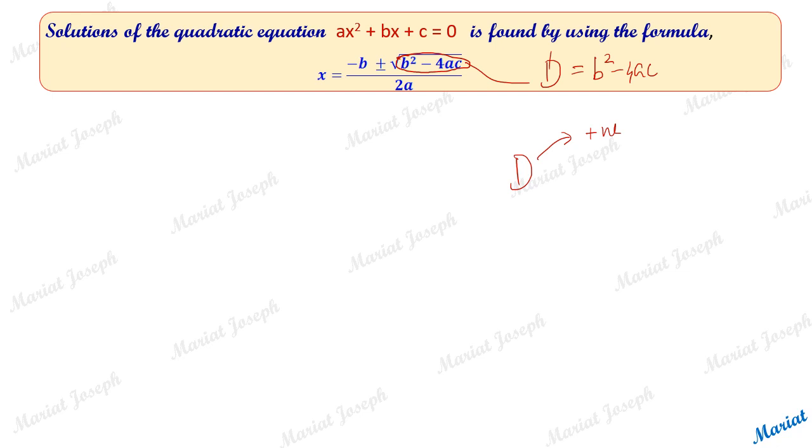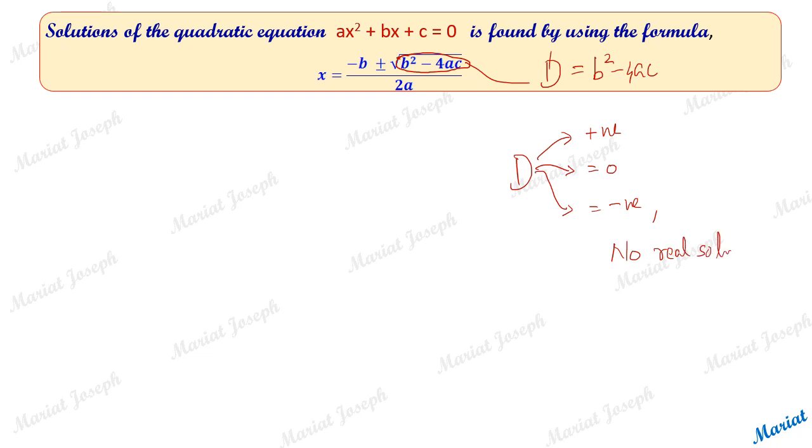If the discriminant is equal to 0, there will be two solutions, but they will be equal. And if the discriminant value is negative, you were told in the lower classes, there is no real solution. No real number solution.